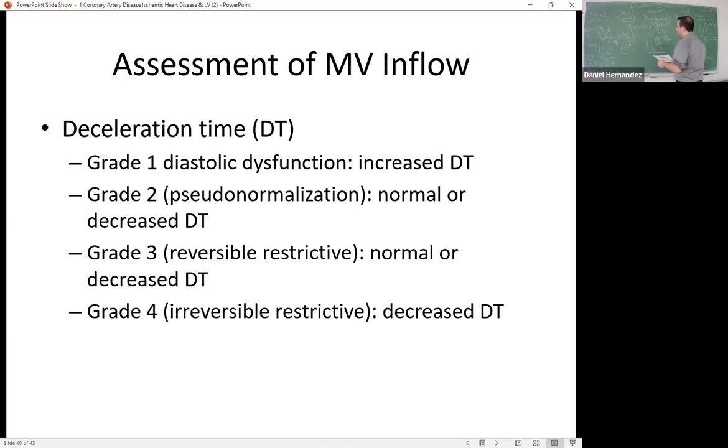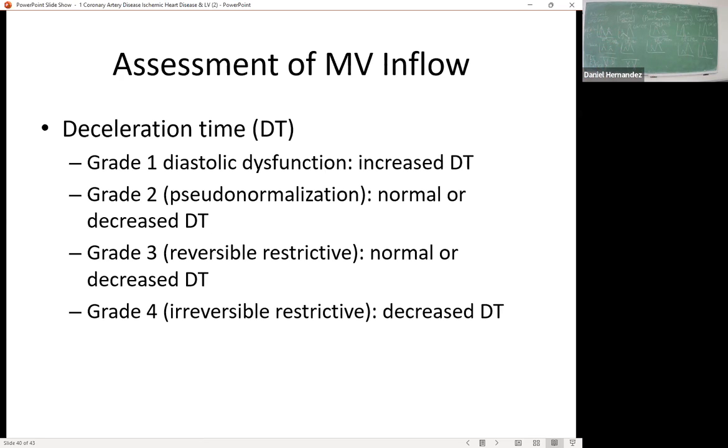When we get into impaired relaxation, this is going to be a reversal. We were able to diagnose impaired relaxation by a smaller E and a larger A. So again, it becomes quite noticeable. E prime is going to be smaller than A prime, but we'd expect that because we saw it on our mitral inflow.